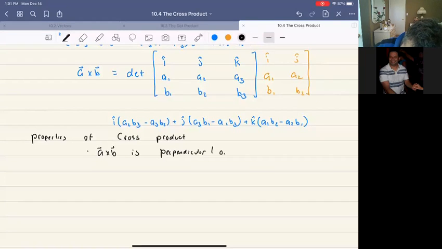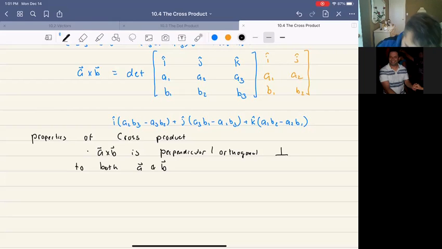You might hear me say the word orthogonal. Same thing. You might see me use this notation to both A and B.